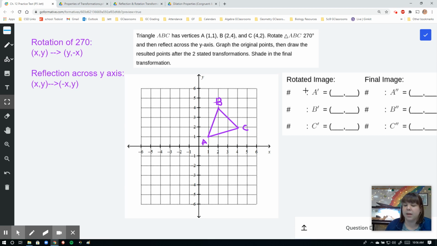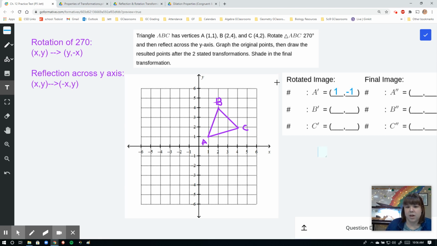So let's do that. So for A, again, we need to swap them, and then we need to make the sign of our x value be the opposite sign. So this one's easy because it's (1, 1). So our A prime, meaning our rotated image, is going to be (1, -1).